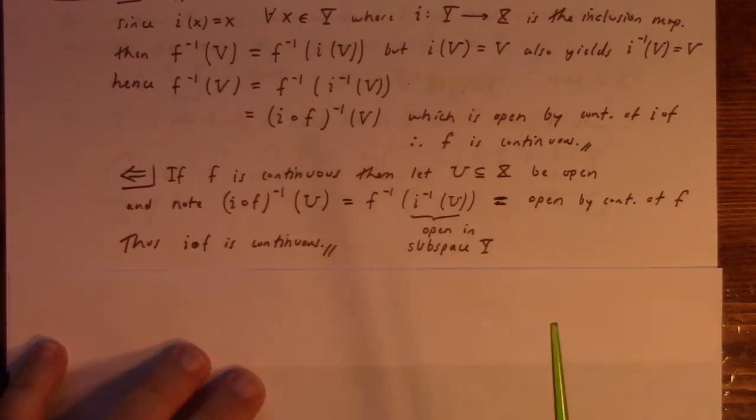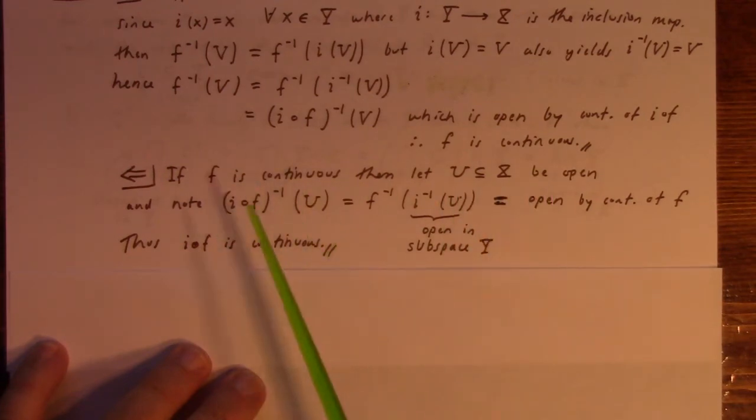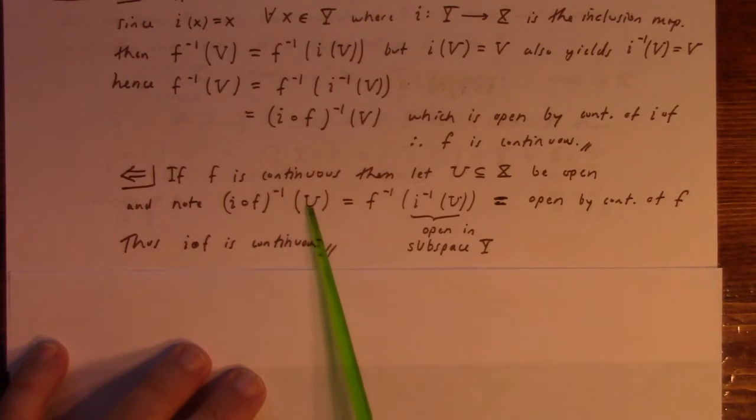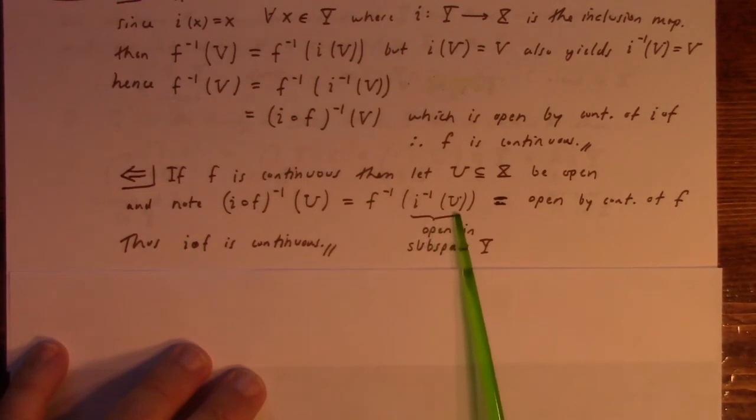So here it is. If f is continuous, let u a subset of X be open. Note that the inclusion composed with f inverse of u is by sock shoes again f inverse of I inverse of u. But remember that the inverse image of u is open in the subspace X, because the inclusion map is continuous, remember?